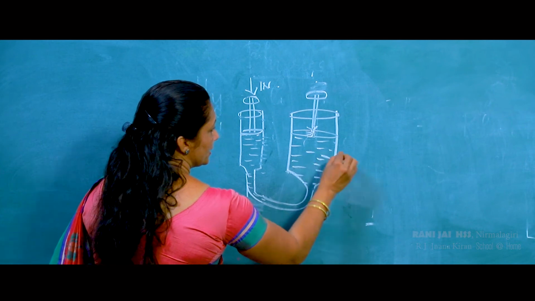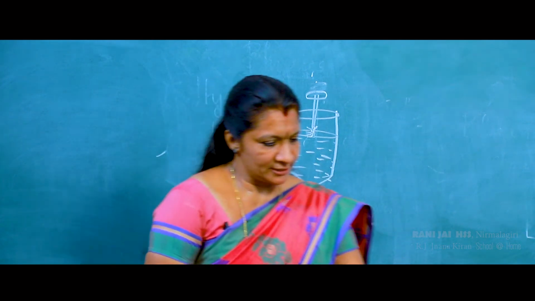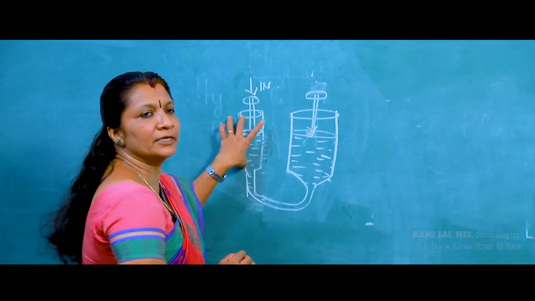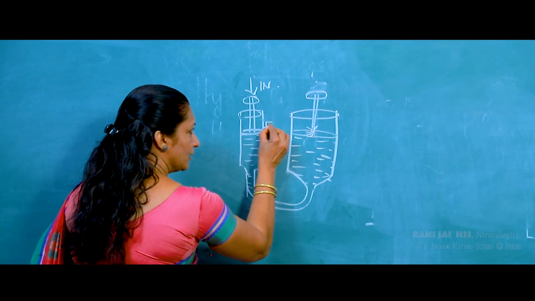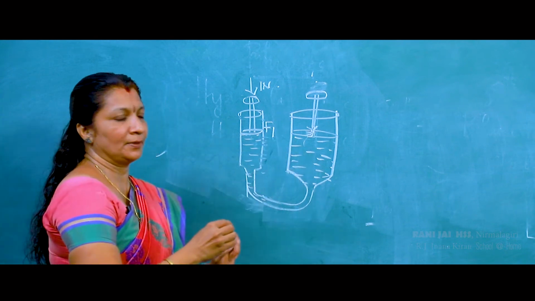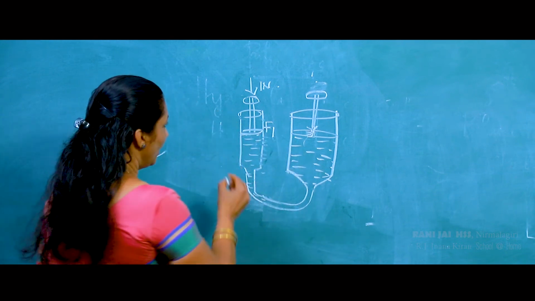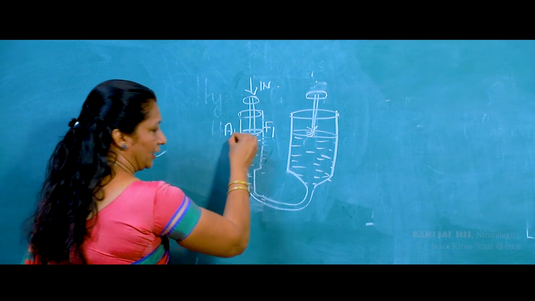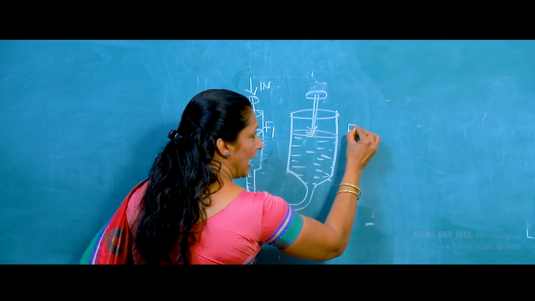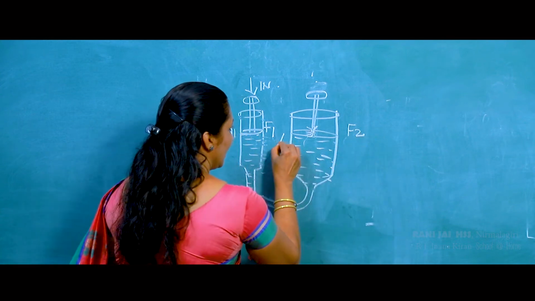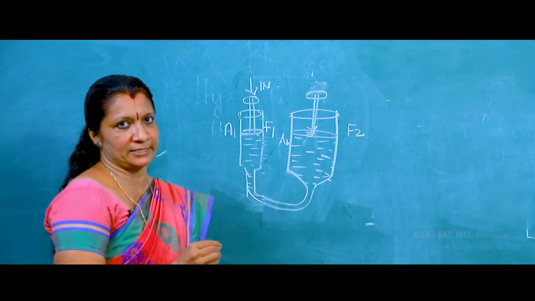We are applying a certain force. Let the force applied here be F1. What is the area of this tube? Let us consider it as A1. Here the force applied, let it be F2. What is the area here? A2. Let it be like this.